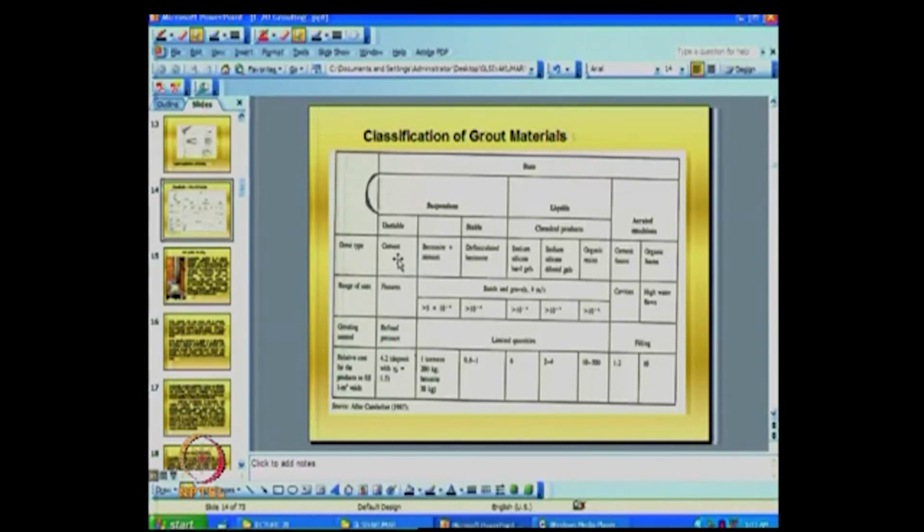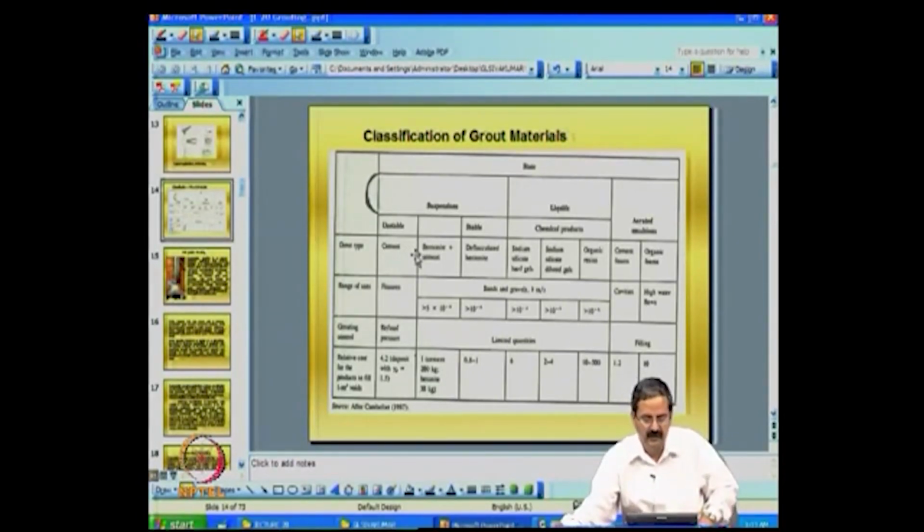What it means is that you have a suspension and the particles should reach the required depth of that material. The moment you have a suspension, all the particles will be moving, and all the particles should move to the desired depth and then only start setting. So, before that it should not set.